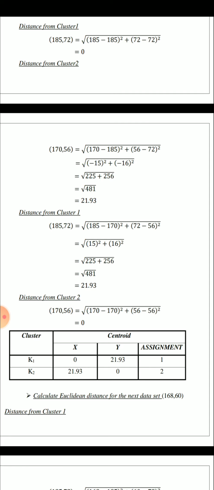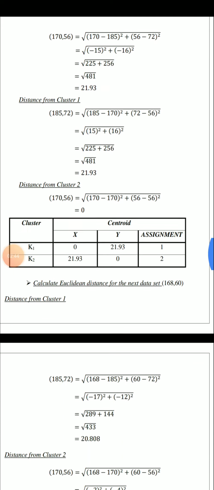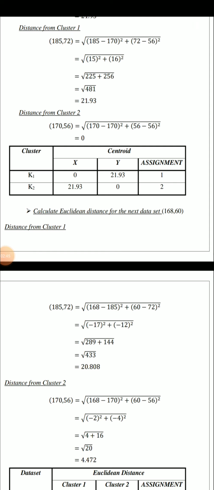Then next we have to take another pair. Calculate Euclidean distance for the next data point 168, 60. The same process is repeated. The distance from cluster 1, 185, 72, is root of (168 minus 185) the whole square plus (60 minus 72) the whole square, that is equal to 20.808.